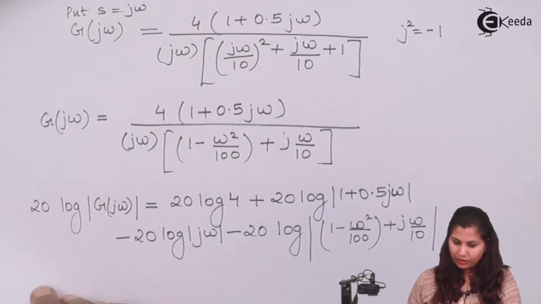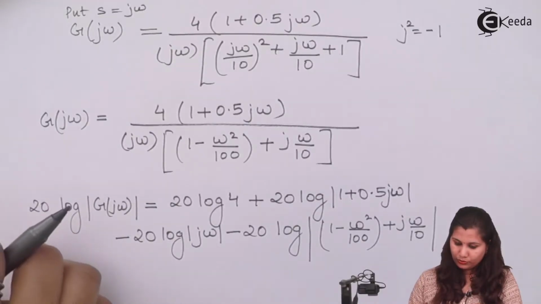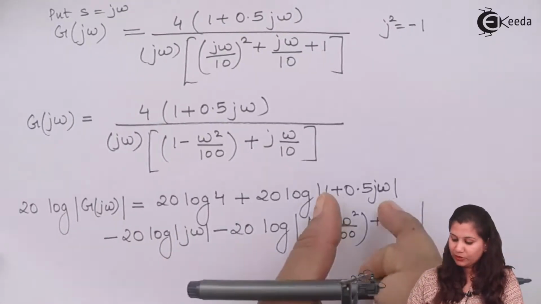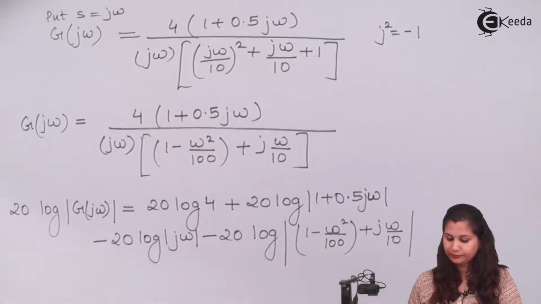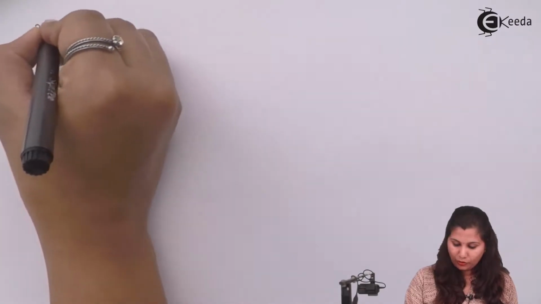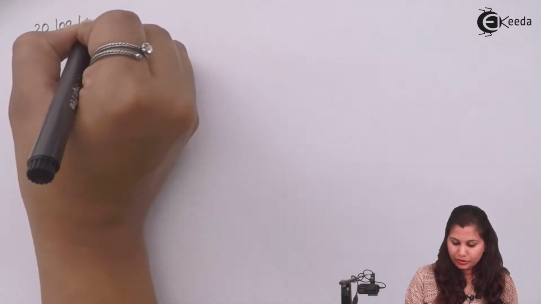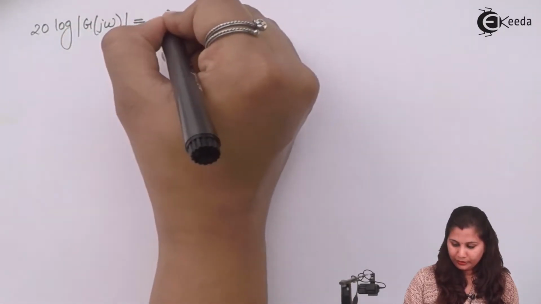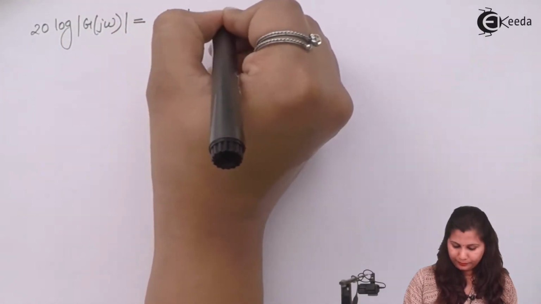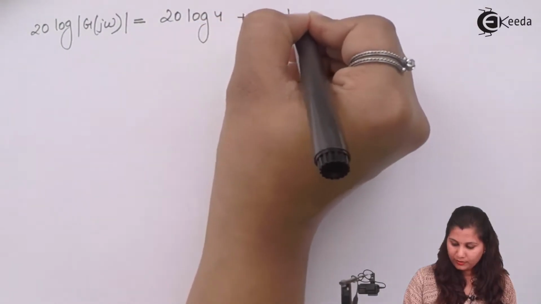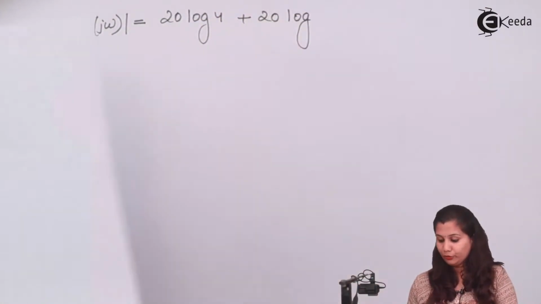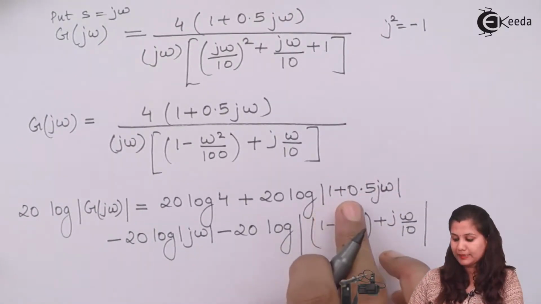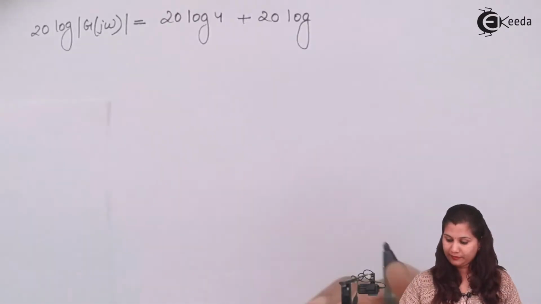Now we are going to write it in the most simplified way, that is we are going to write the magnitude here. So 20 log |G(jω)| is 20 log 4 plus 20 log of the magnitude of 1 + 0.5jω, so it will be under root of 1 + (0.5ω)².